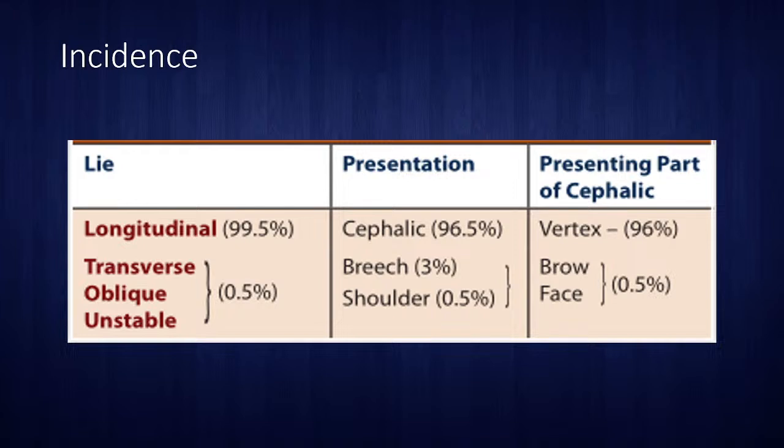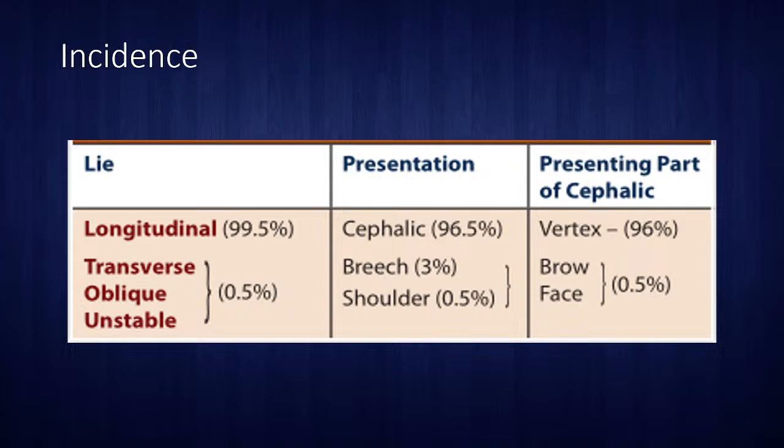Third one is the presenting part of cephalic presentation. Cephalic means when the head is in the lower part, it can present in various ways depending upon the flexion or extension attitude of the head. If the head is like this, the top portion, the vertex, will be presenting. If it is like this, the brow will be presenting.